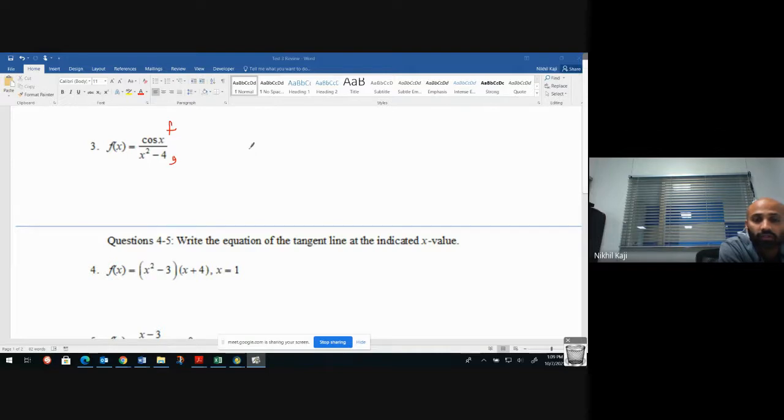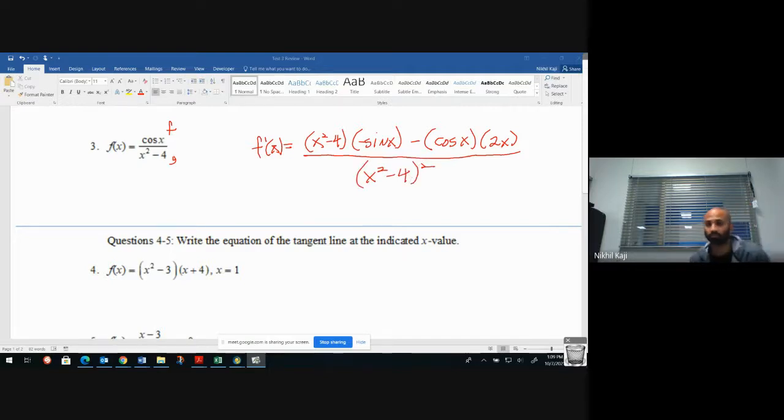So that is g f prime minus f g prime all over g squared. You got it.